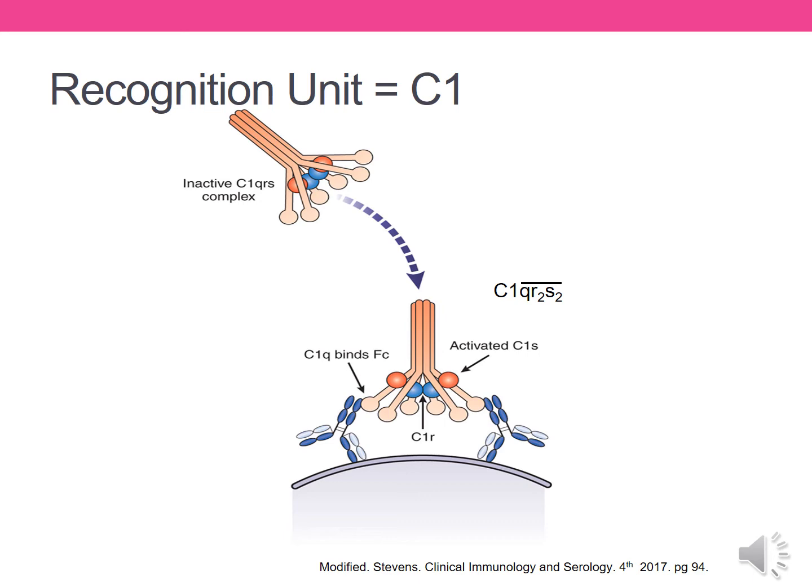Now these C1s and C1r that come in and bind to the C1 complex are activated, and this will create an enzyme, our first enzymatic complex. This enzymatic complex is named C1qr2s2. Alright, so basically, to break this down, we have our C1qrs complex, then we're just adding one more C1s and one more C1r, and this is how we get C1qr2s2. And this is our first enzymatic complex in the classical pathway.